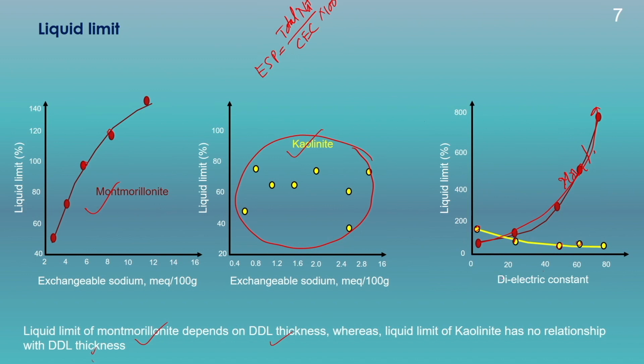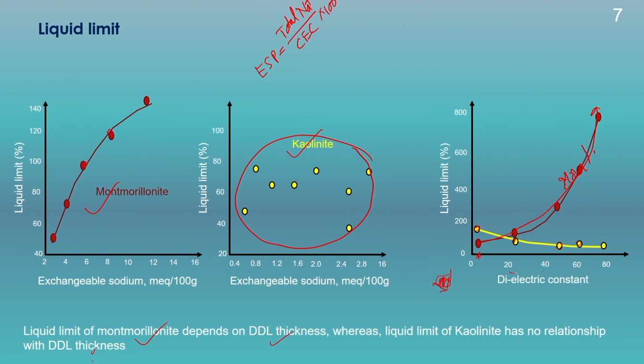For example, when the dielectric constant is very low, the net force for kaolinite will be attractive and the flocculated fabric will develop, and as a result a large amount of void space between the flocculated particles will be there, where water or fluid can be stored, and therefore the liquid limit will be very high.